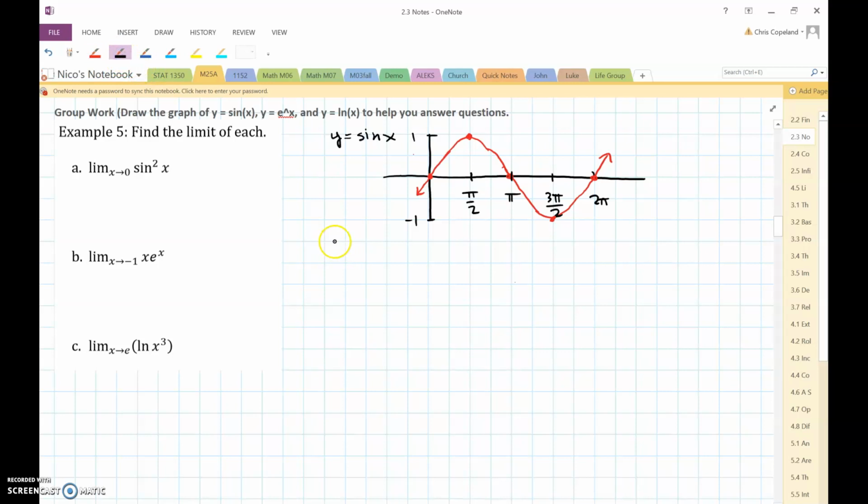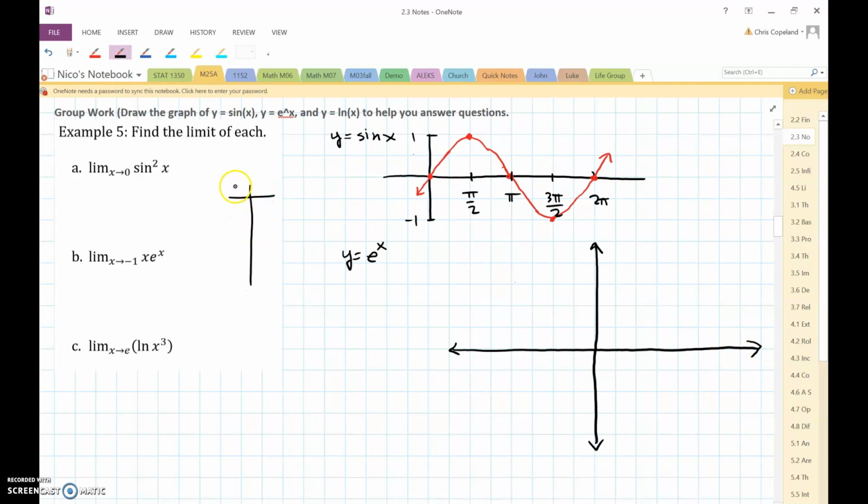Next, let's graph y equals e to the x. So if we start with a table, let's start with 0.